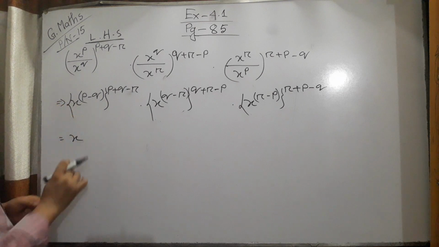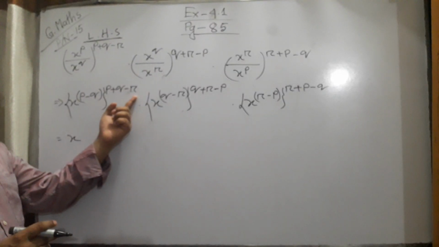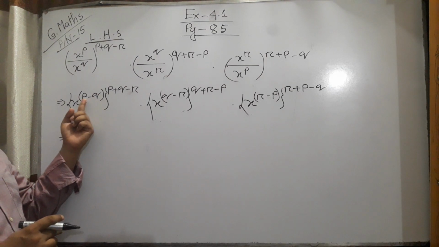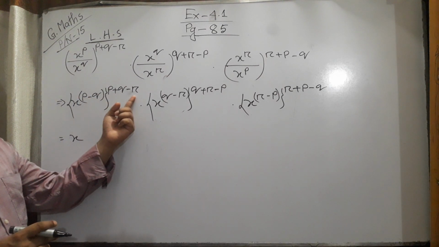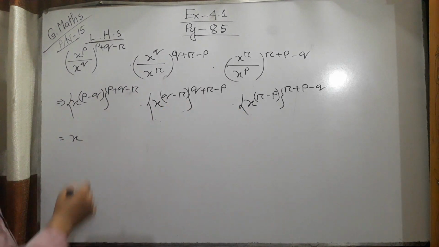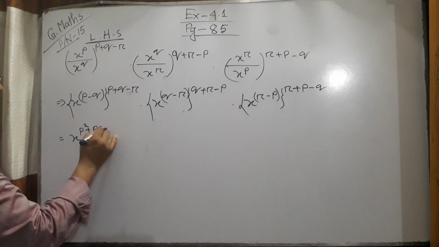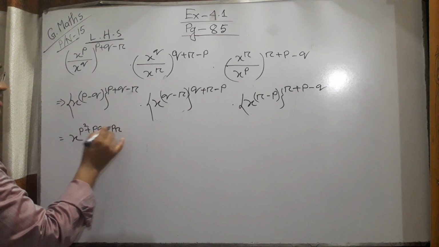So if you multiply this, what will it be? X to the power. At first multiply these 3 terms. These 3 terms you should multiply with p. After that you will multiply these 3 terms by minus q. Similarly these 2. Now if we multiply, it will be p square, pq, pr minus pr.